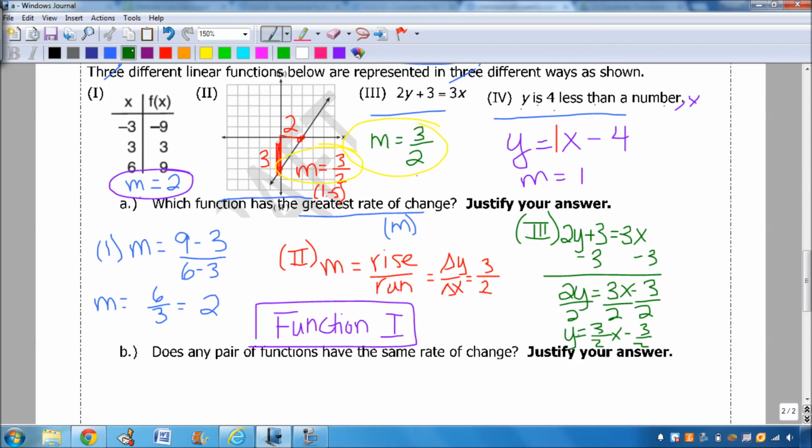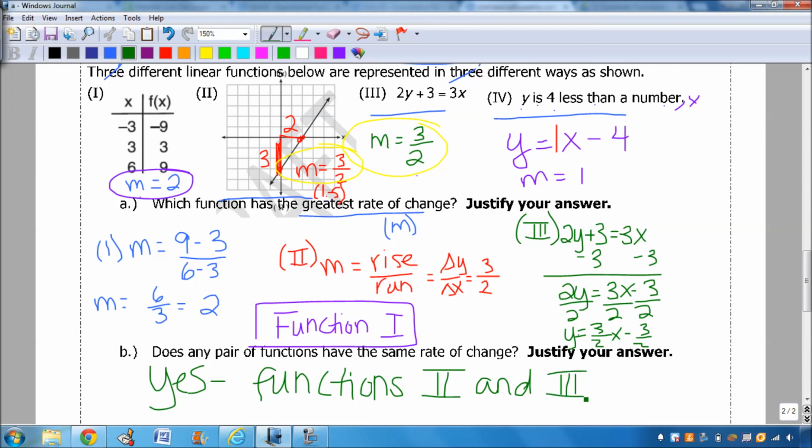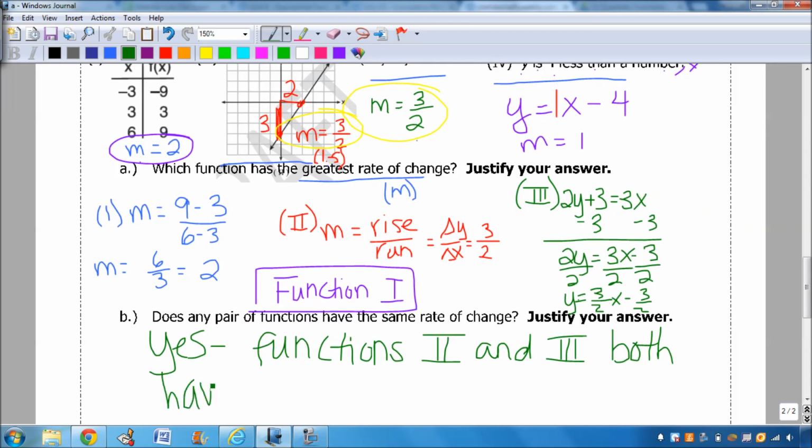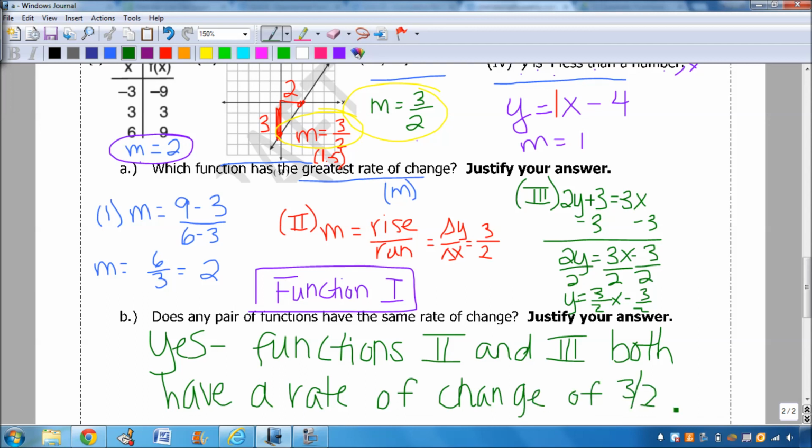So our answer to this would be yes, functions 2 and 3 both have a rate of change of 3 over 2. Okay, and we've already justified our answer again because we've shown our work on our paper right here.